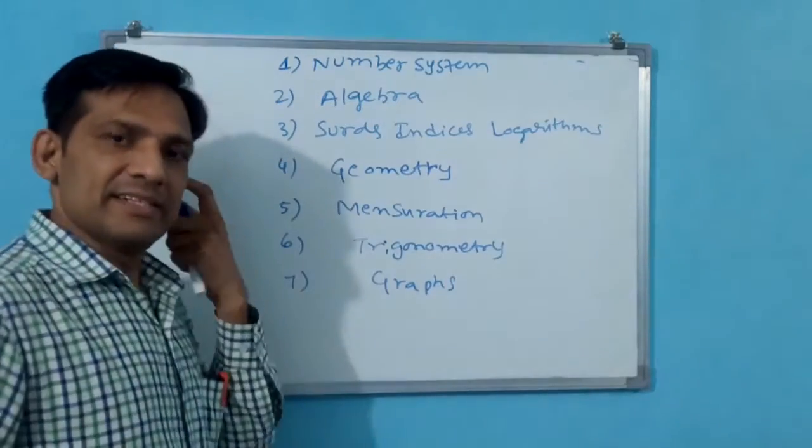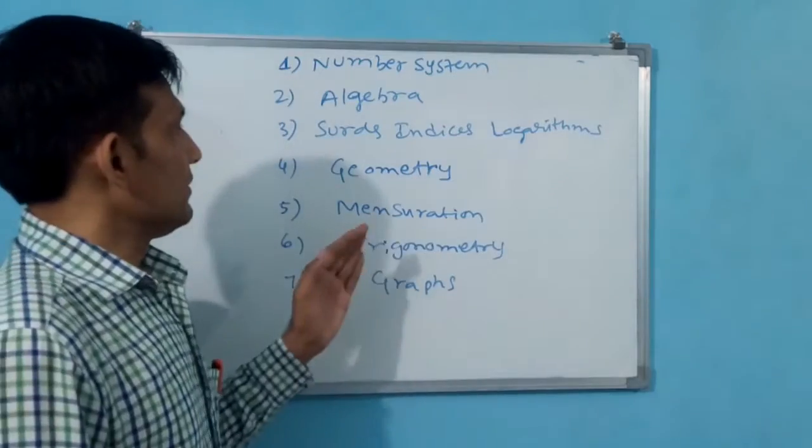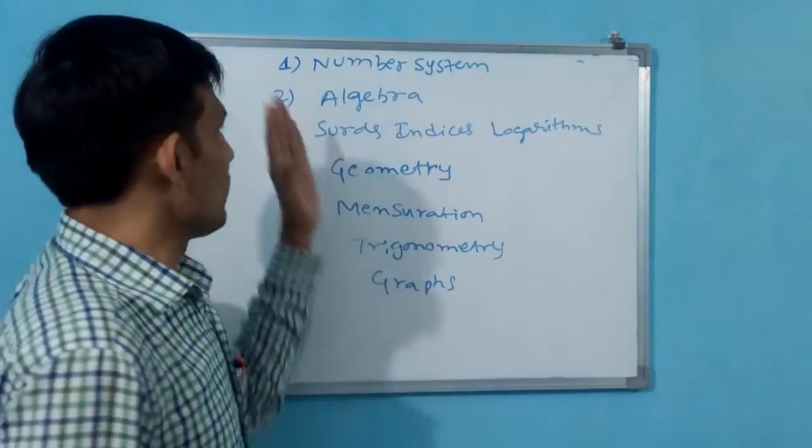These are the basic classes I have made and uploaded on YouTube. You have to go through them. I have not yet made a playlist, but I have uploaded all these videos.